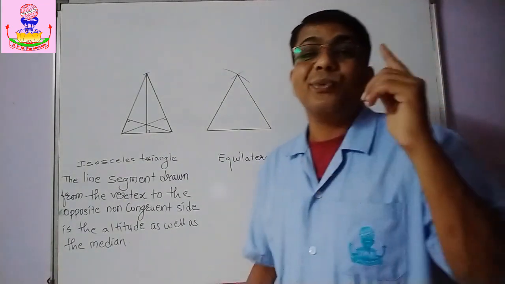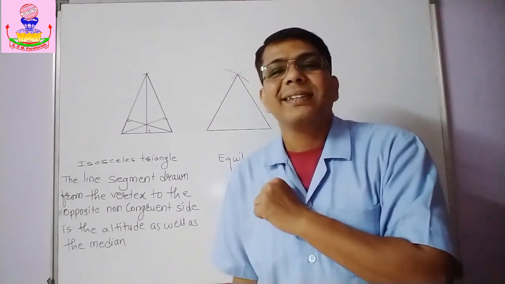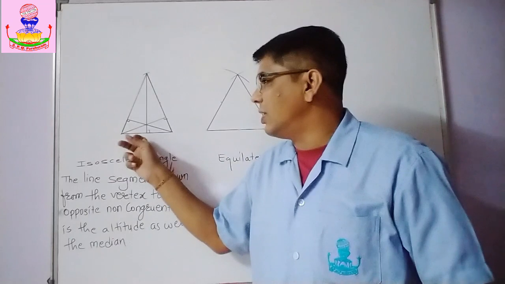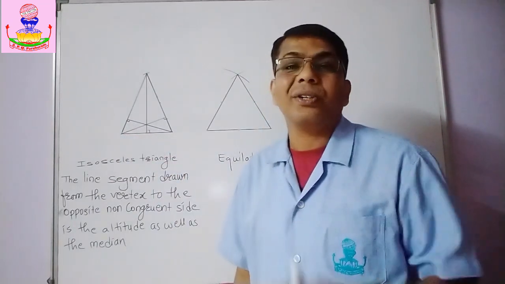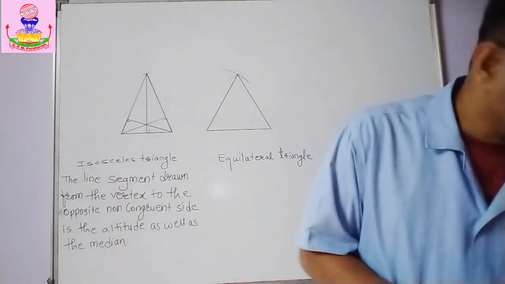So there is one median, which is also the altitude. And which is that? It is the line segment from the vertex on the non-congruent side. Okay. Now let us go for equilateral triangle.